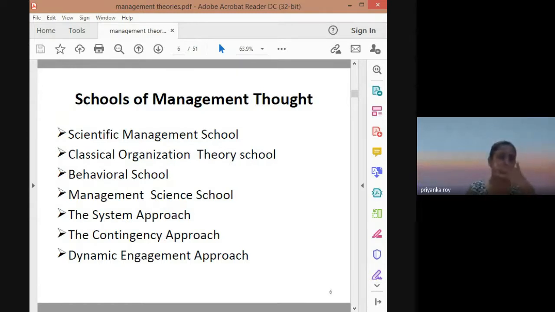Okay, so what are management theories? Management theories are a collection of ideas that recommend general rules for how to manage an organization or business. Management theory addresses how supervisors implement strategies to accomplish organizational goals, and how they motivate employees to perform at their highest abilities.